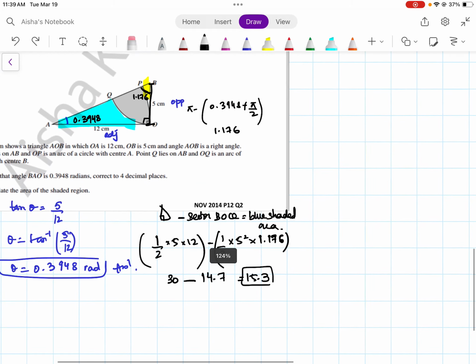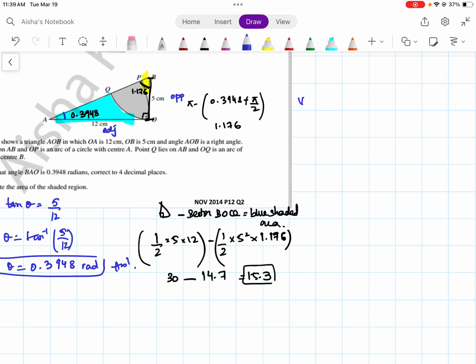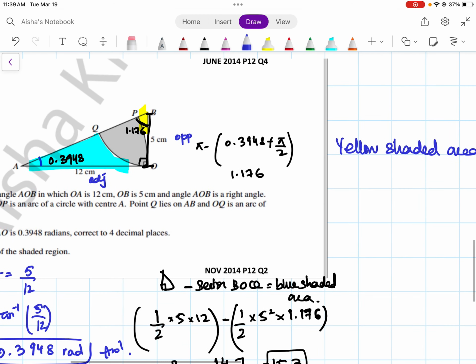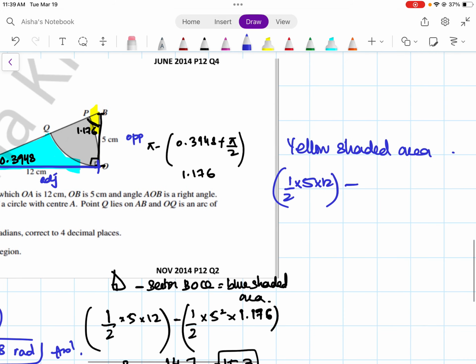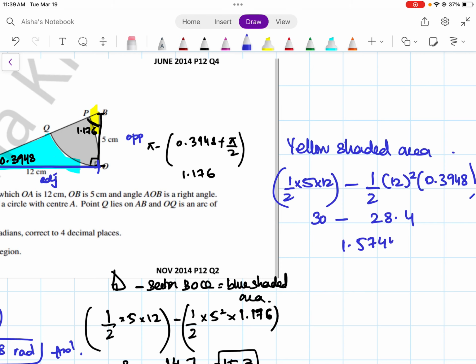Now let's find out the yellow shaded area. For the yellow shaded area, again, it's a complete triangle minus the bigger sector where this is my radius and theta is 0.3948. 30 minus the answer, this is 1.5744.